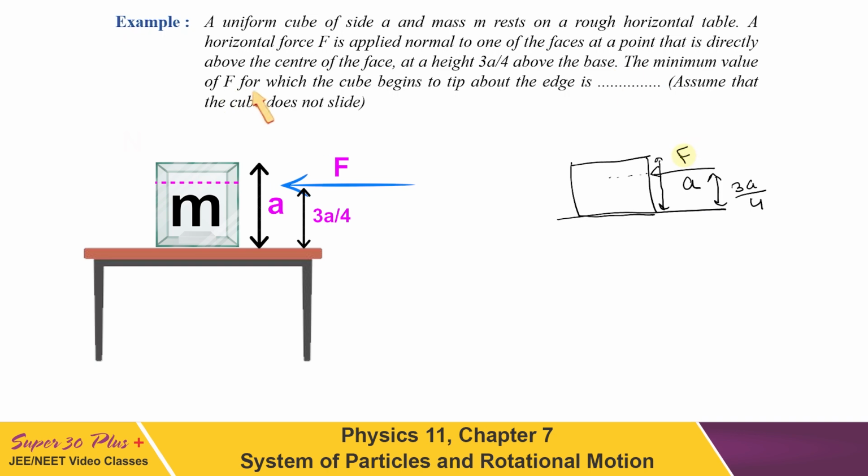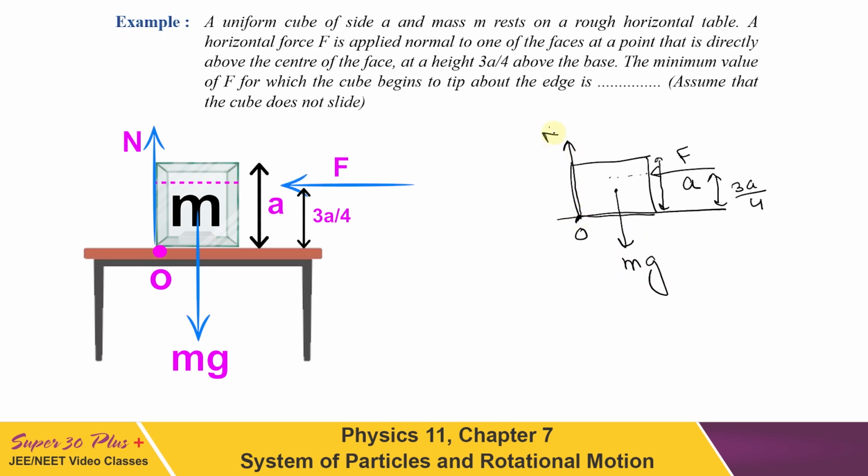The minimum value of F for which the cube begins to tip about the edge is, of course, with application of this kind of force, it will topple about the point which is shown O here. Let us calculate what should be the minimum value of F. Now for minimum value of F, the weight acts at the center, that is mg, and as we know, to minimize the effect of toppling, normal shifts to this point.